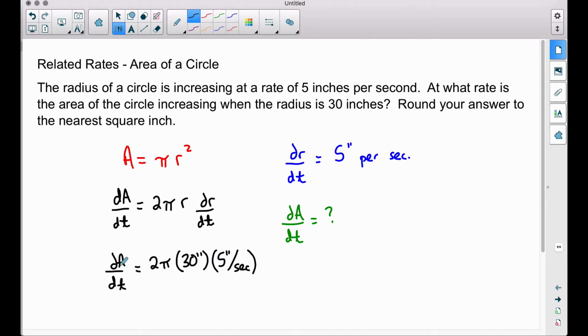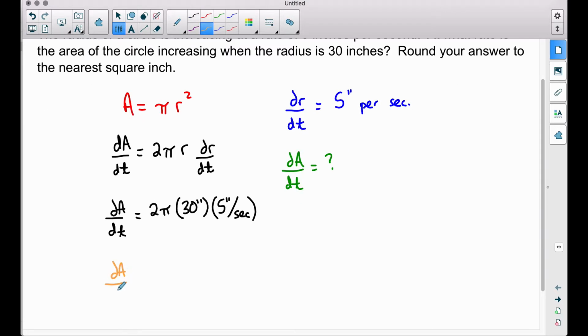You'll see why we are left with a rate of change of area once we multiply this stuff out. So therefore we have dA dt, the rate of change of area with respect to time when our radius is 30 inches, is 30 times 5 times 2, that's going to be 300, bring down your pi, square inches.